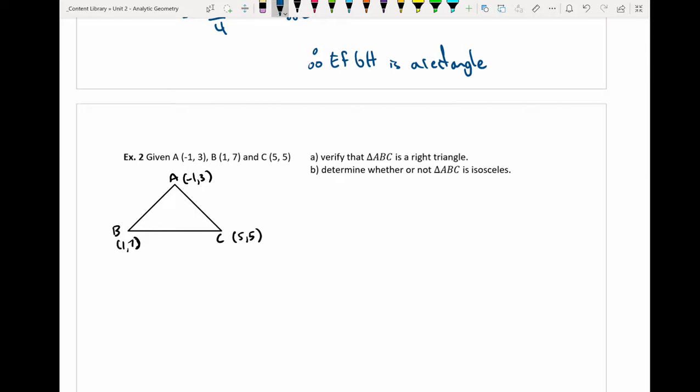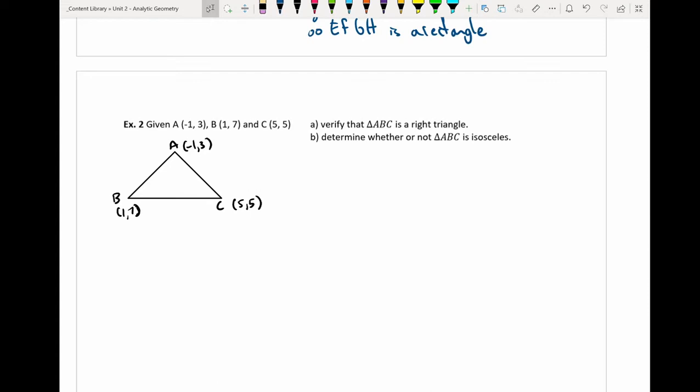So, first thing I want to do is determine if it is a right angle triangle. So, find the slopes. And if I find that the slopes of two lines are perpendicular, then I know it is a right triangle.